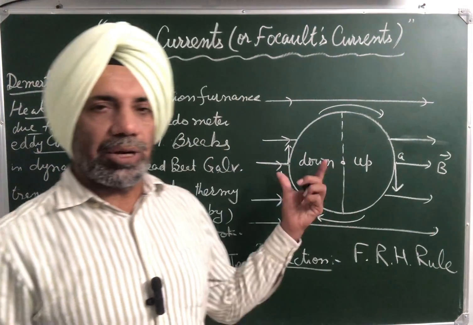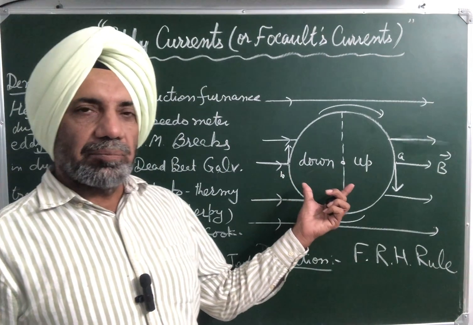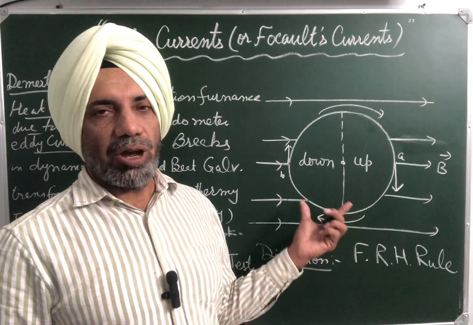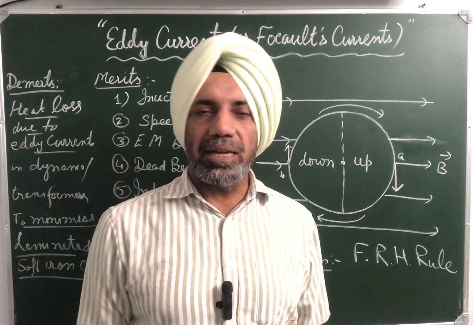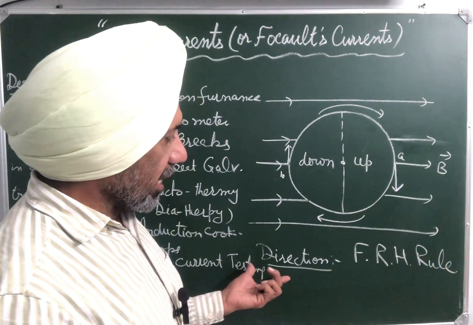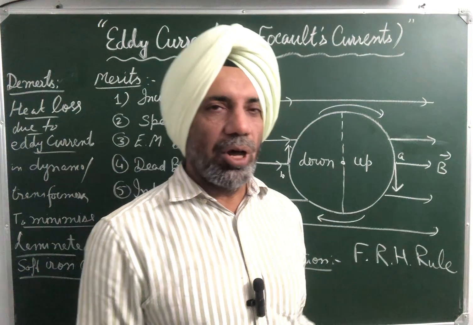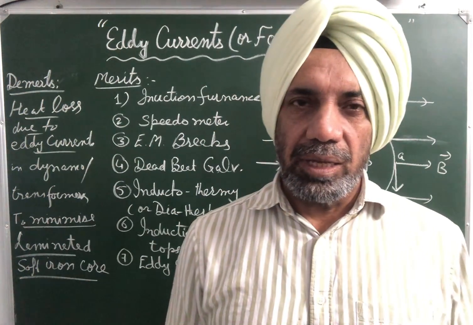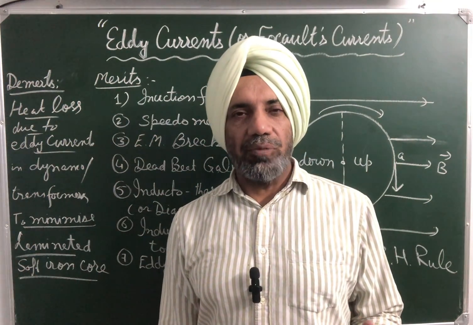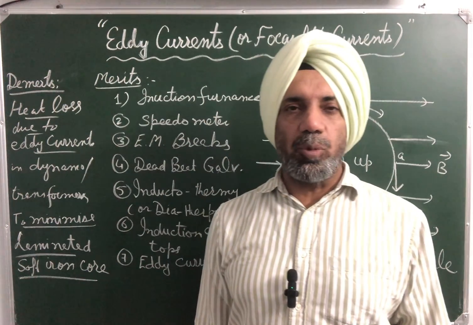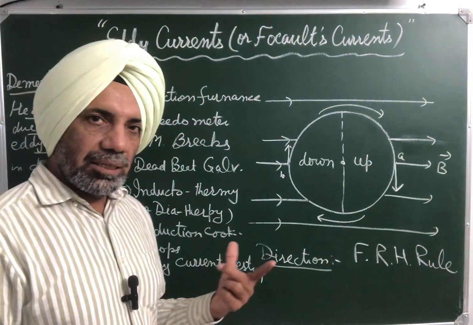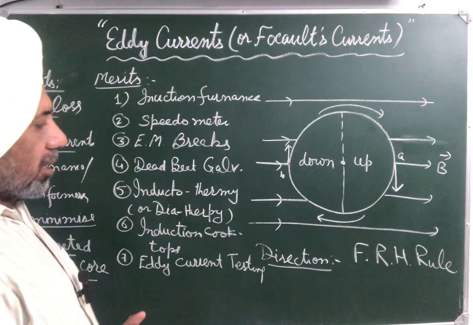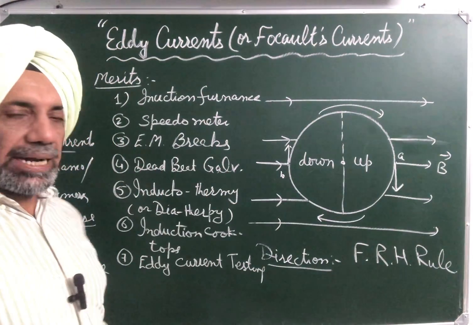So eddy currents are produced when the magnetic flux linked with a solid metallic body, cylinder or thick sheet changes, and the direction is given by Fleming's right hand rule or Lenz's law. It states that the direction of induced EMF is such that it opposes the cause or change that produces it. Now what are the merits and demerits of eddy currents?